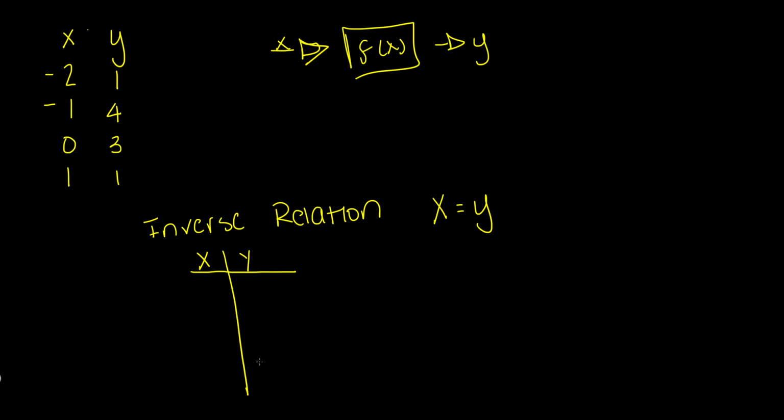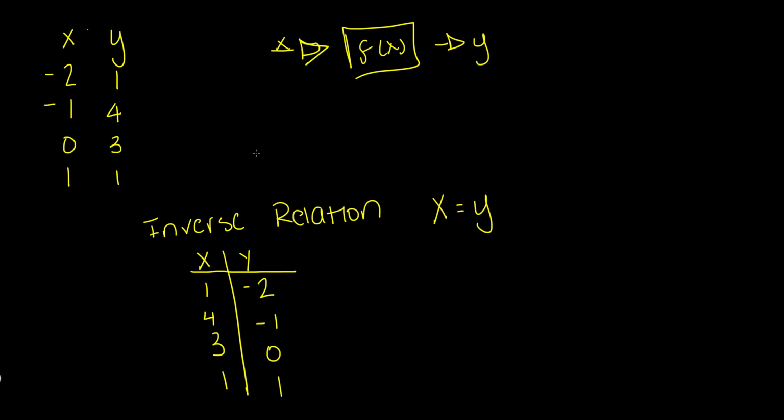Everywhere where my y's are, 1, 4, 3, and 1, those now become my independent values. My independent values, or my x's, now become my dependent values. So you switch the values of x and y. It's just that simple, that direct.